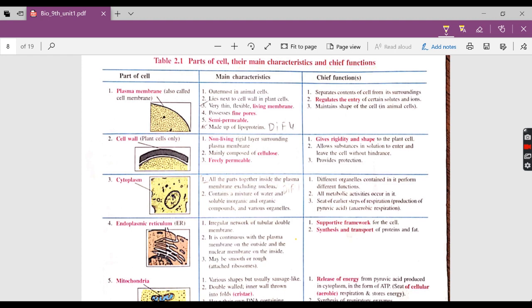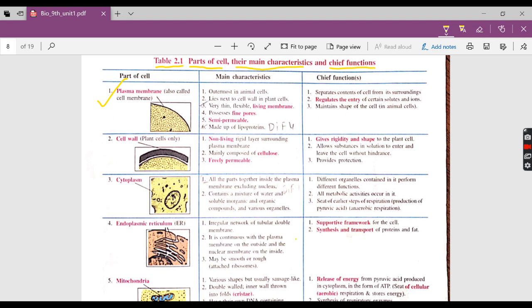We'll now come down to the most important part of this chapter, which is given in table 2.1, which includes the parts of cells, their main characteristics and chief functions. First off is the plasma membrane.